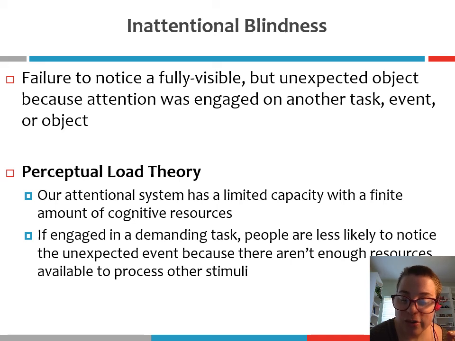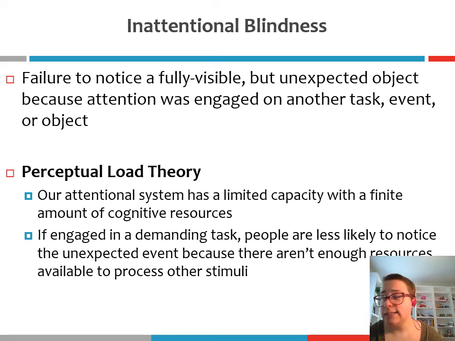So we're devoting all of our cognitive resources to completing our task, and we don't have a lot left over to process or detect these unexpected objects or events in our environment. Okay, so that's the general explanation as to why this particular failure of attention occurs, why inattentional blindness occurs.